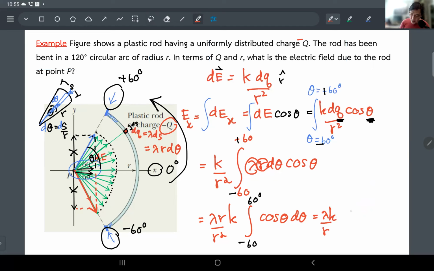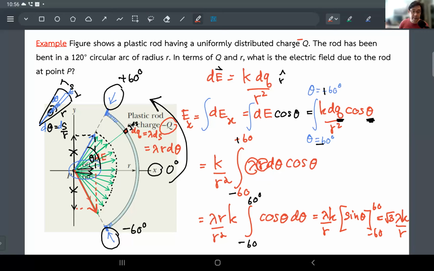The integral of cosine is sine, and you just substitute the lower and upper limits. Sine 60 is √3 over 2. Sine negative 60 is negative √3 over 2. When you subtract them, you get twice that. So at the end, it's √3 lambda K over R. And that's it. Done, guys.